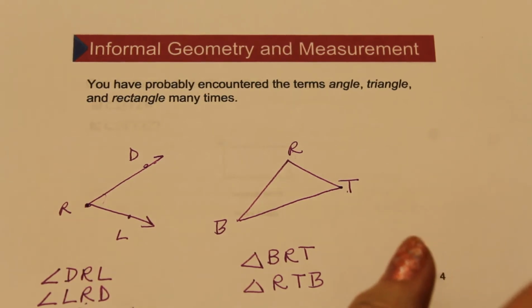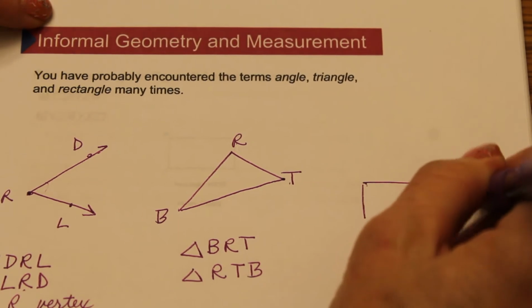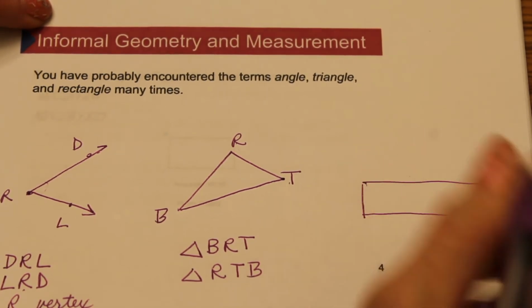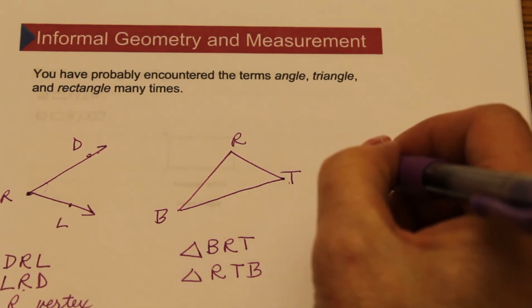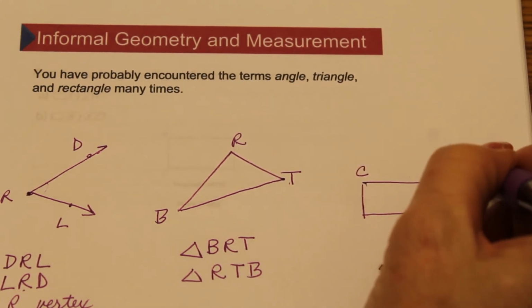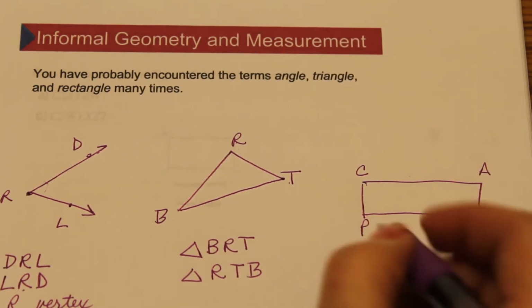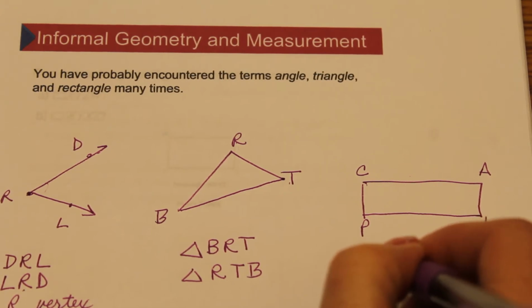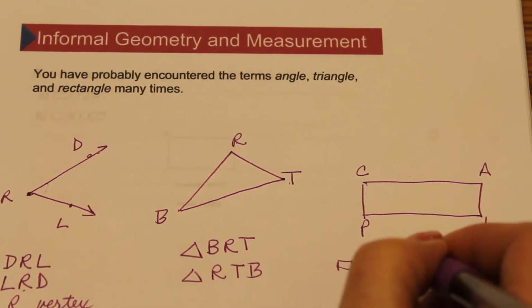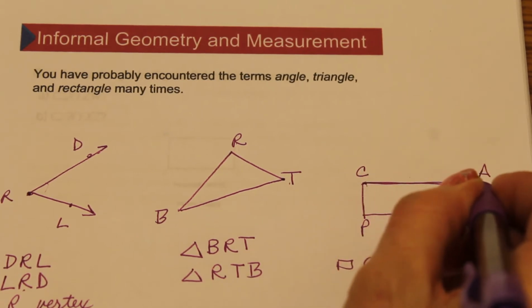And then rectangle. A rectangle has opposite sides of equal length. So if I want to call this rectangle CALP, that would be rectangle CALP. You have to go in order.